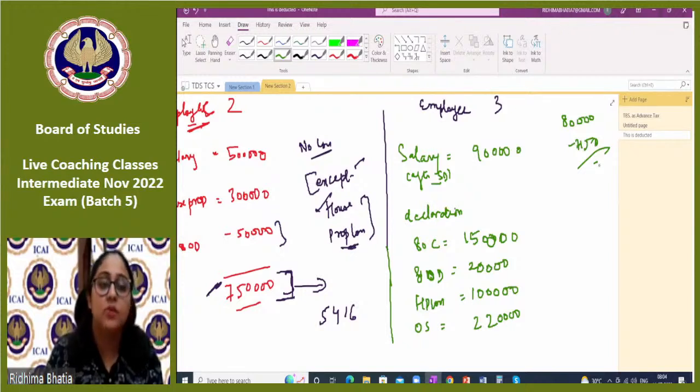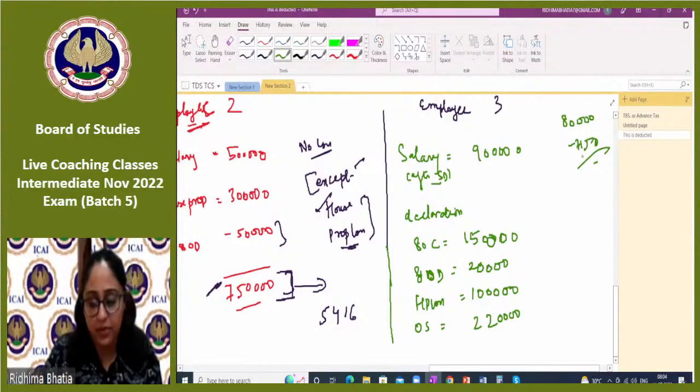This is how the salary TDS works. Every month I am paying you as an employer 80,000. So from that, every month I will reduce the TDS of 7150. So 72,850 would be your cash flow, which you will receive as salary in your bank account.